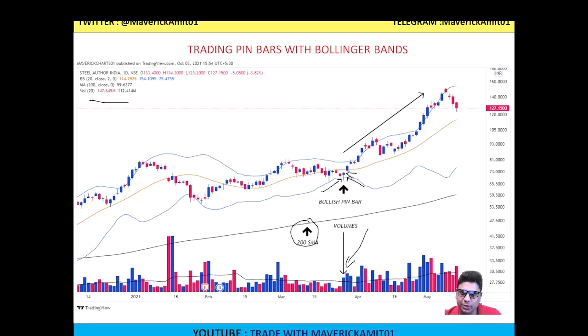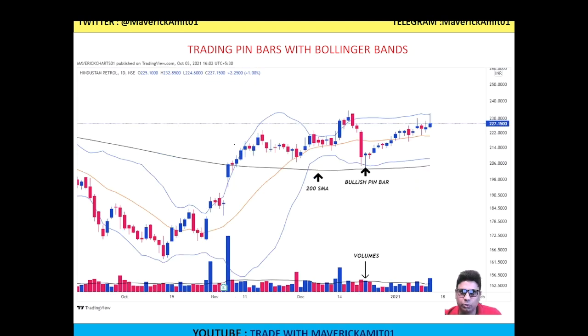Basically, it is more than the 20 simple moving average. And once this pin bar is formed, you can see how prices rally after that in the direction of the main trend. So most important condition, this pin bar must cut through the lower Bollinger Band. If it does not cut through the lower Bollinger Band, my condition will not be met and my setup will not be valid. So friends, let us have a look at another example.